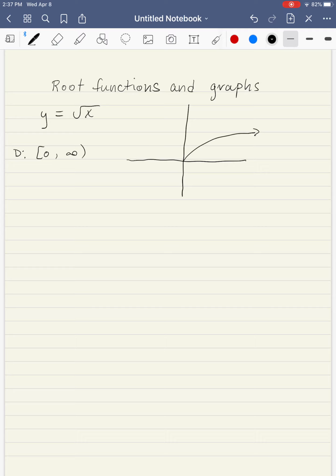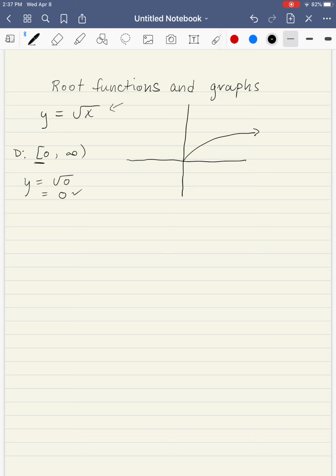If we look at the picture, we can see, if we sweep across from left to right, that we first start crossing the graph at 0, including 0, and we continue on into infinity. If we look at the function algebraically, we see that to take a square root, we have to have a positive number under the radical to have a real number result, but we can also take the square root of 0, which is 0.